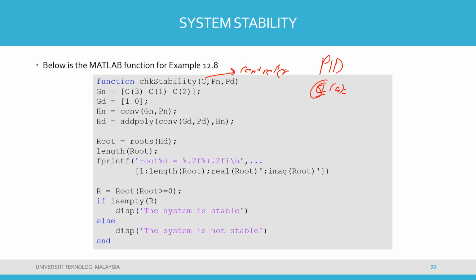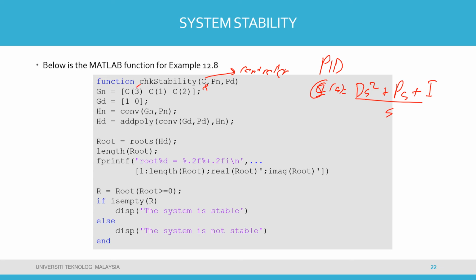If you check the previous example, G(s) is equal to (D s squared plus P s plus I) divided by s. So if you look at C, if you insert the values, C is basically 3 numbers.